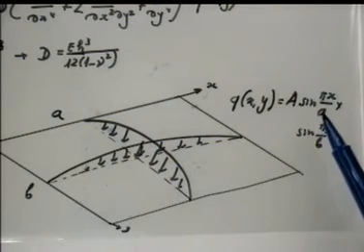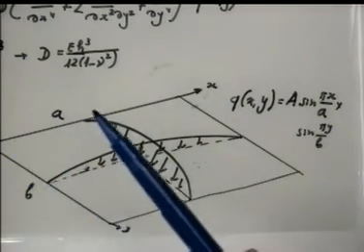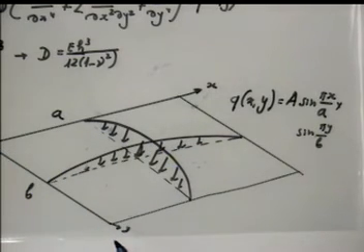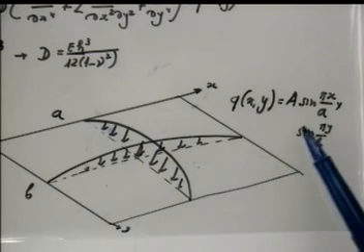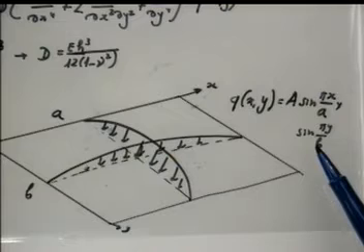Now what is this a? A is a side in x direction. Look, that is x direction. B is a side in y direction. So what we have is sinusoidally distributed loads.